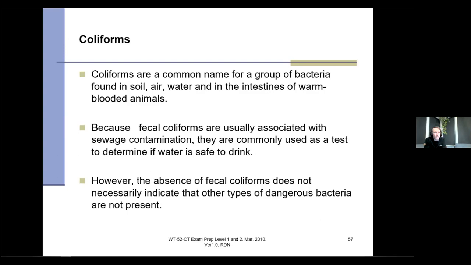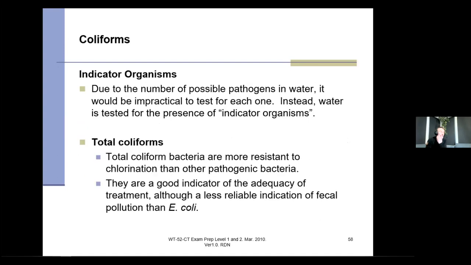The absence of fecal coliform does not necessarily indicate that other types of bacteria are not present. This is just an indicator. Think of it as guilty by association. If coliforms are in there, chances are there's some other really nasty stuff in there. So keep that in mind. It's guilt by association.